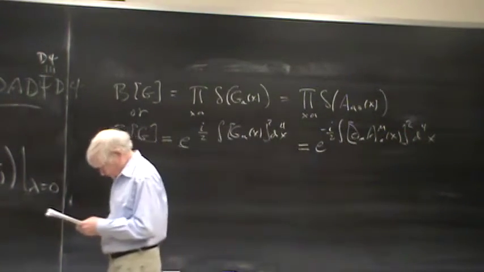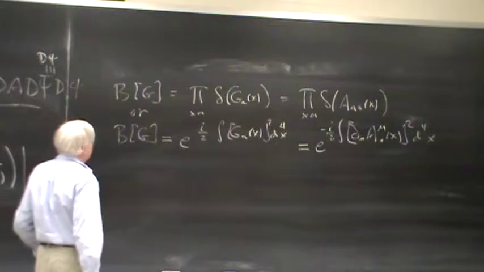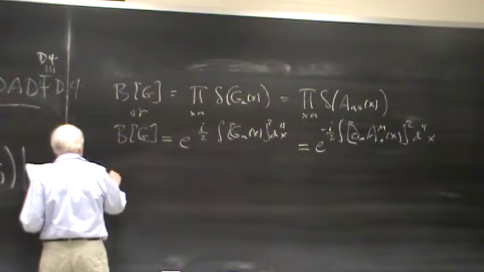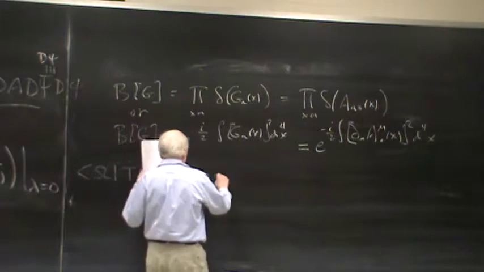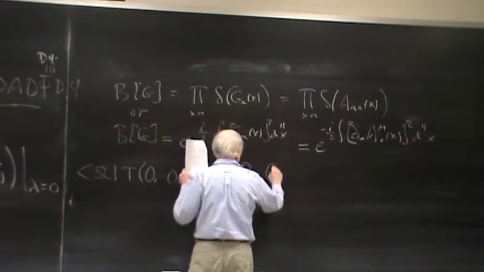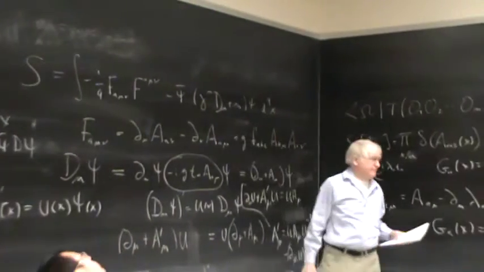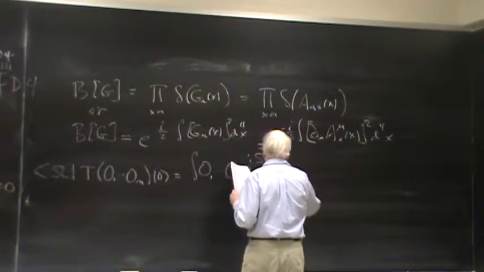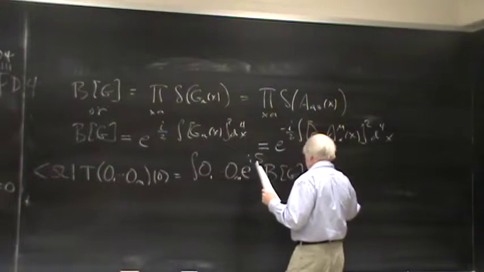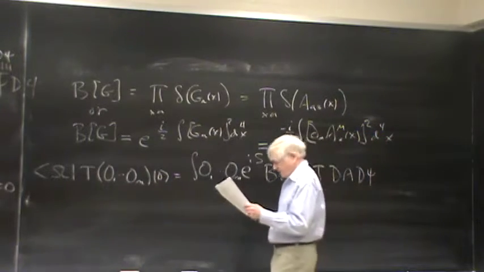All right, so what we want to do is understand functional integrals that look like this: the vacuum time-ordered product of O1 through On equals the ratio of functional integrals of O1 through On, e to the i S, by S we mean this line up here, and then we have here B of G, J, dA d psi, and psi of course stands for psi and psi bar.